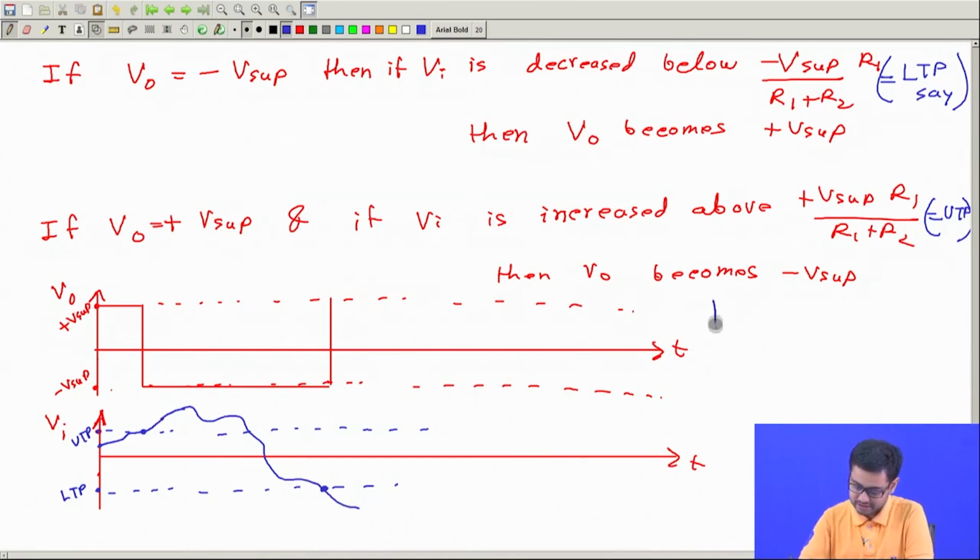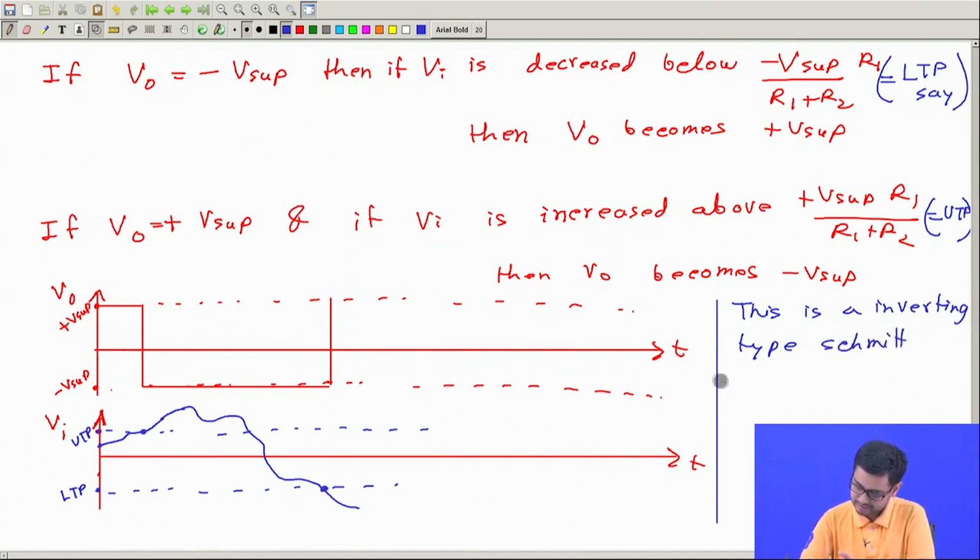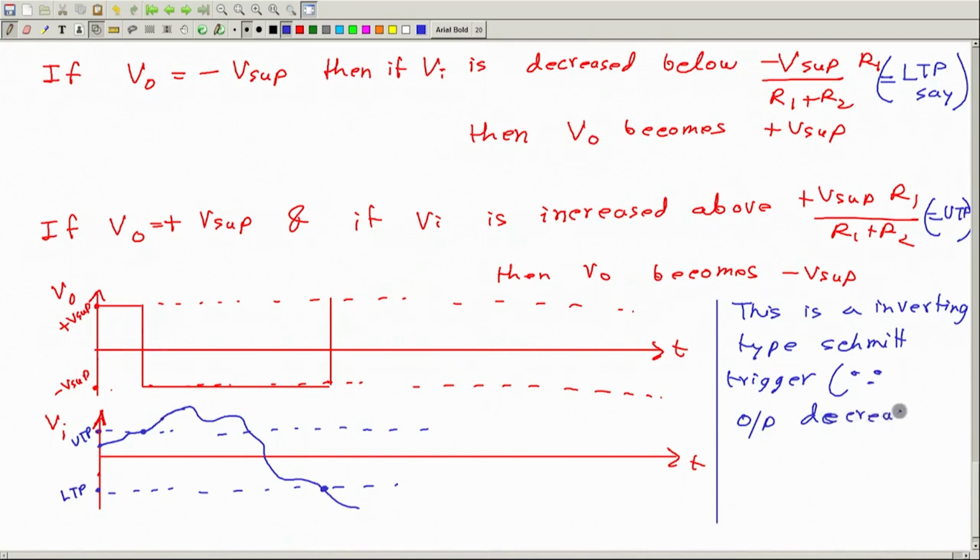So this is an inverted or inverting type Schmitt trigger, since output decreases when input increases. Okay. So this is called an inverting type Schmitt trigger.